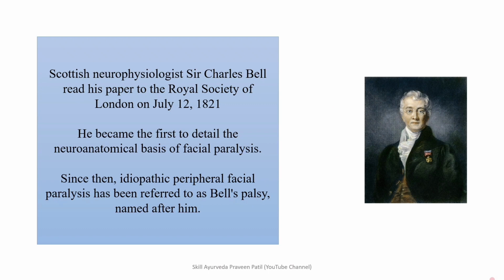Scottish neurophysiologist Sir Charles Bell read his paper to the Royal Society of London on July 12, 1821, approximately 200 years back. He became the first to detail the neuroanatomical basis of facial paralysis. Since then, IFP has been referred to as Bell's palsy, named after him.